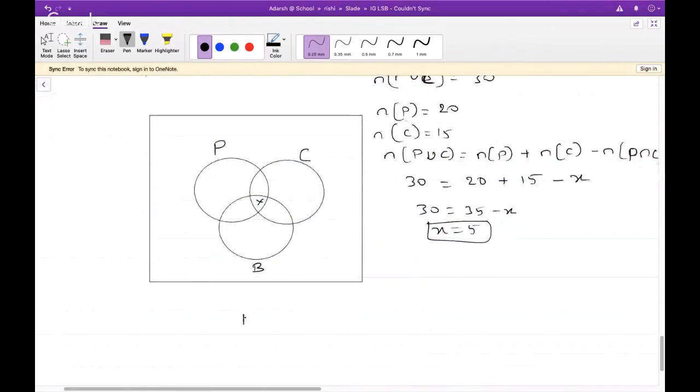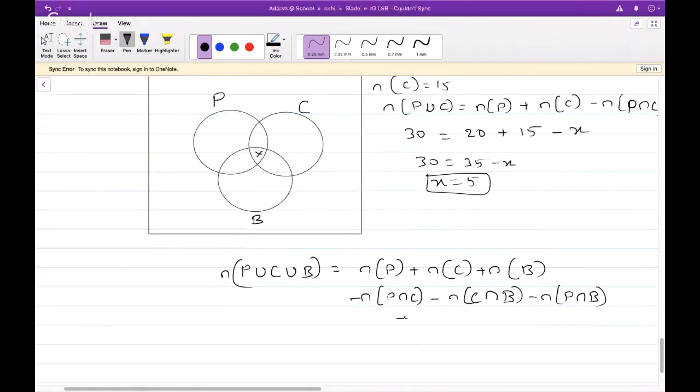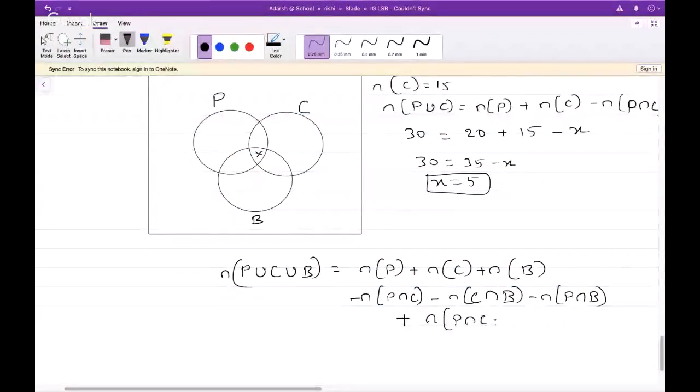So in this case, the number of students taking physics union chemistry union bio is equal to the number of students who take physics plus the number who take chemistry plus the number who take bio, minus the common parts: the number of students taking physics intersection chemistry, minus the number taking chemistry intersection bio, minus the number taking physics intersection bio, plus all three things together, the number of students taking physics intersection chemistry intersection bio.